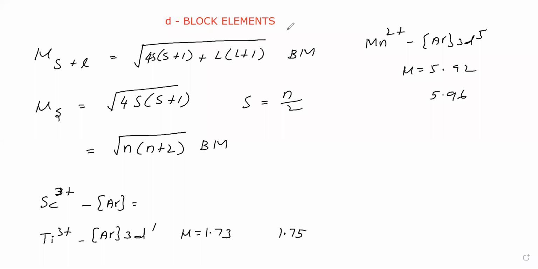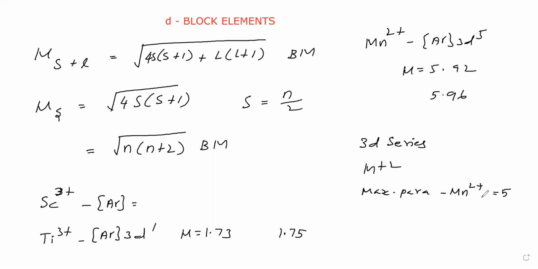Next we take the first transition series, that means the 3d series. In the 3d series we take bivalent ions, M plus 2 ions. Which of these has maximum paramagnetic nature? Mn plus 2, because it has the highest number of unpaired electrons, that is 5.